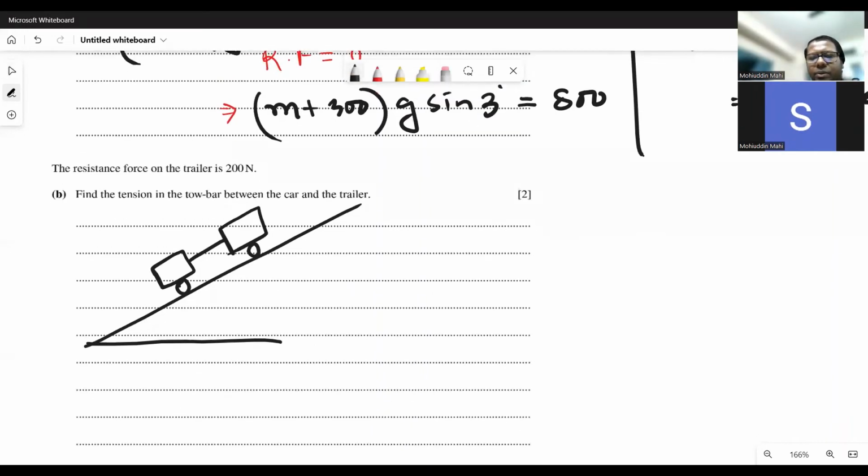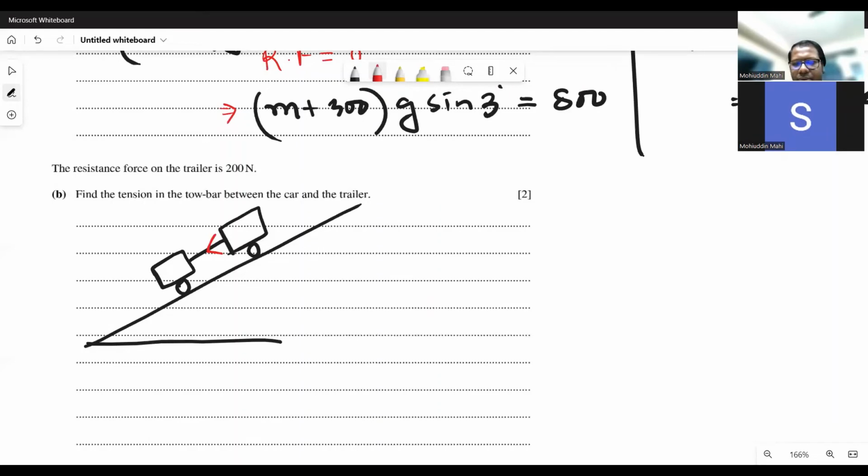Now at first you need to understand the direction of tension, what should be the direction of the tension that is working on the car and the trailer. So think about it. The car is pulling the trailer. So the car is creating a tension on the trailer in the downward direction.